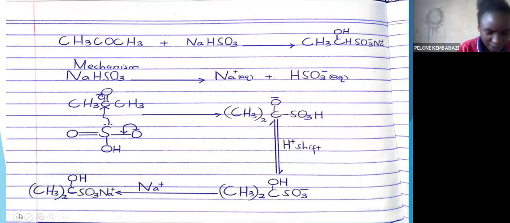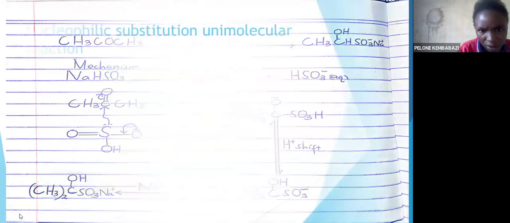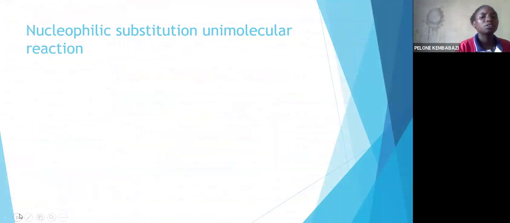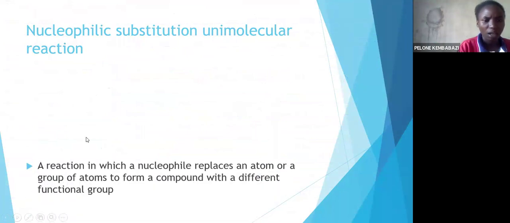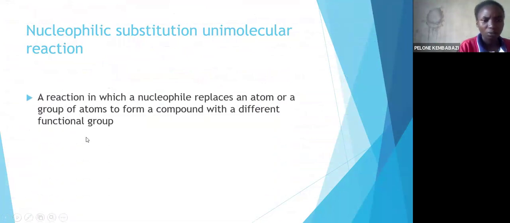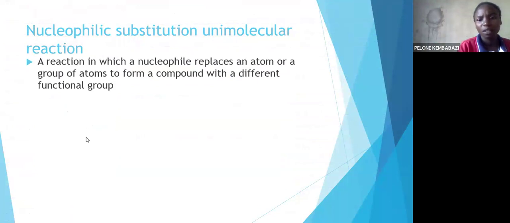Okay, we can continue to the next reaction, which is nucleophilic substitution. A nucleophilic substitution reaction, just as we looked at electrophilic substitution, here we are substituting a nucleophile.